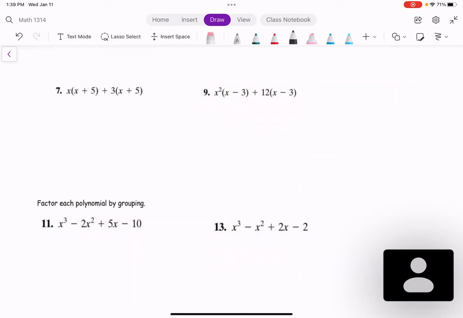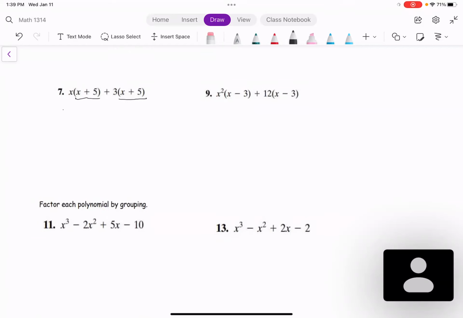Number 7, we have x times x plus 5, plus 3 times x plus 5. We directly see this is a GCF, greatest common factor. So I can factor out x plus 5, and we have x plus 3 left in another parentheses.